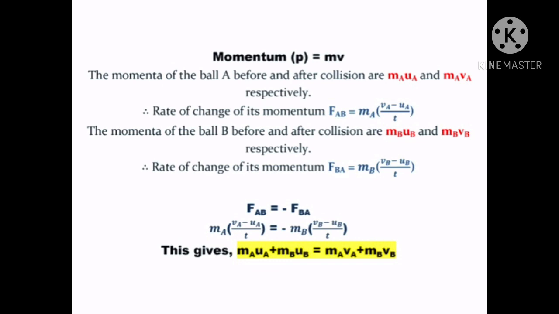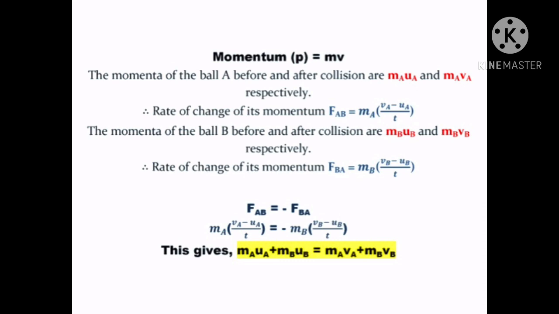Now, let us substitute the values of FAB and FBA. That is, MA times (VA minus UA) divided by t equals minus MB times (VB minus UB) divided by t.